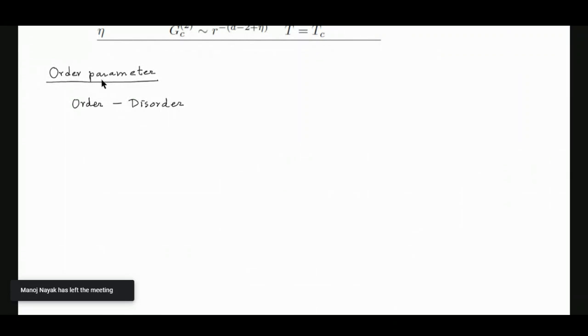That's called the order parameter. So what is an order parameter? You typically have an order disorder phase transition.